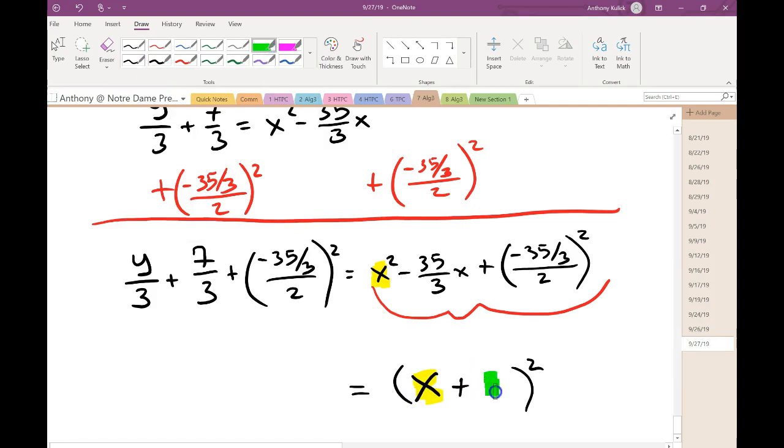What's going to go in the second spot there? Not the divided by 2. Just the numerator, because we want just the value for b. We don't want b over 2. Right? We just want the b.